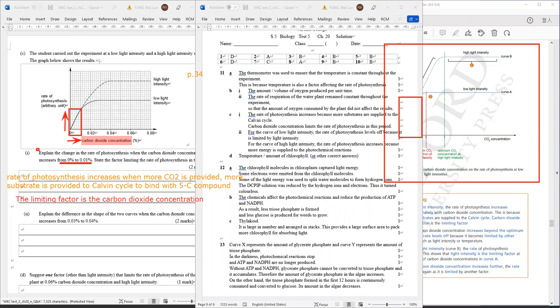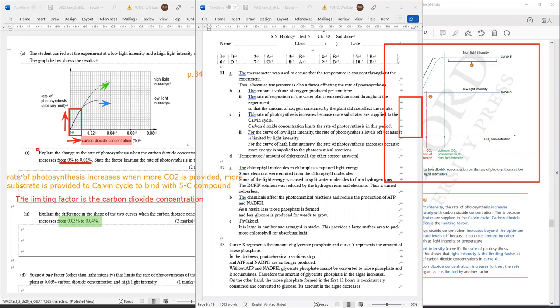So on the other hand, part C2, when carbon dioxide concentration increases from 0.03 to 0.04, during high light intensity, the rate increases. Okay, but during low light intensity, the photosynthesis rate does not increase. Why?